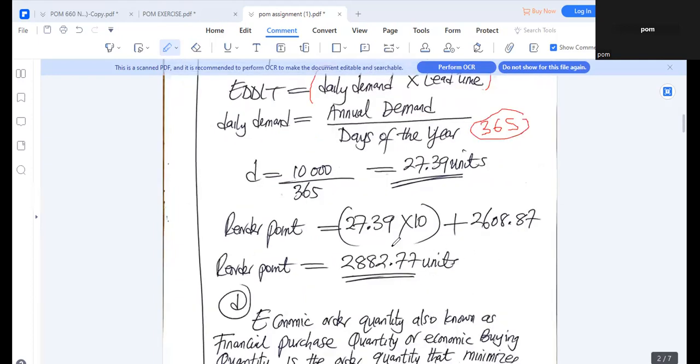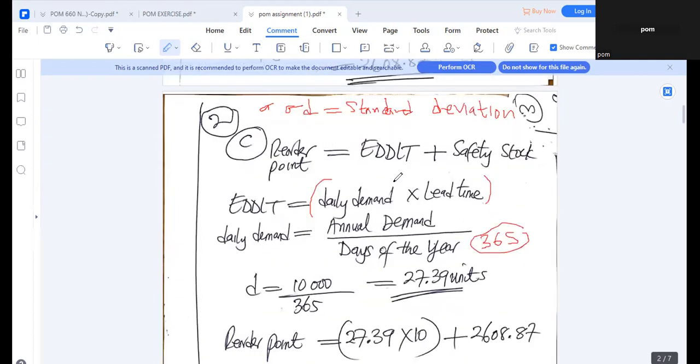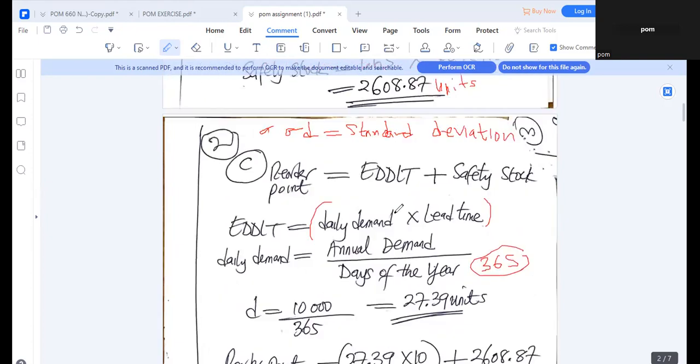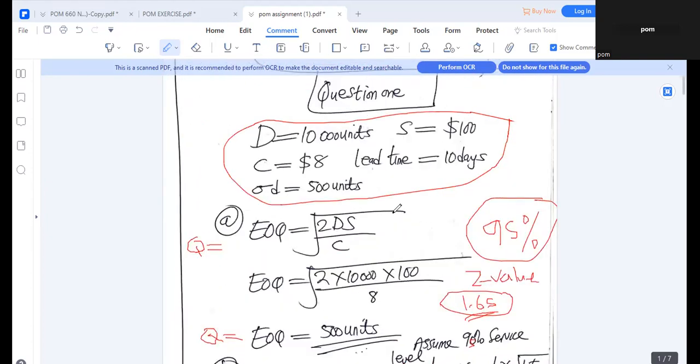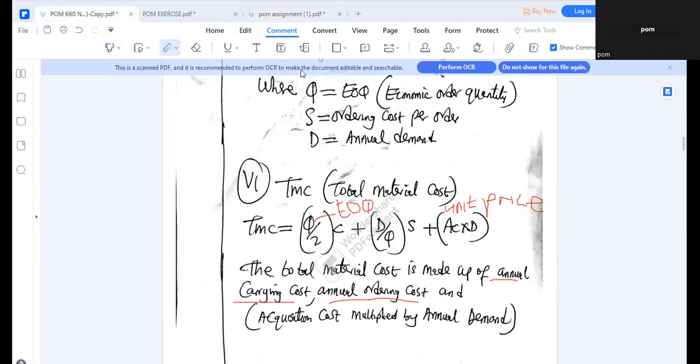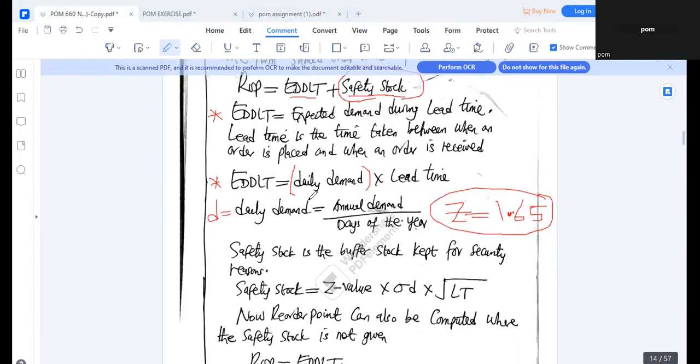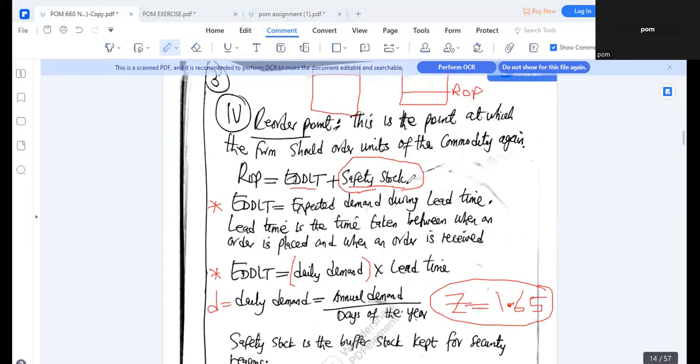So our order point is equal to expected demand during lead time, which is daily demand multiplied by lead time, which is 10 days from the question. And this one is just coming from the notes.